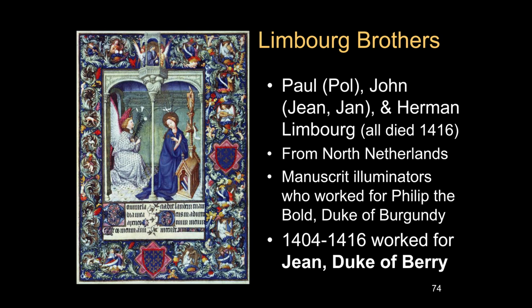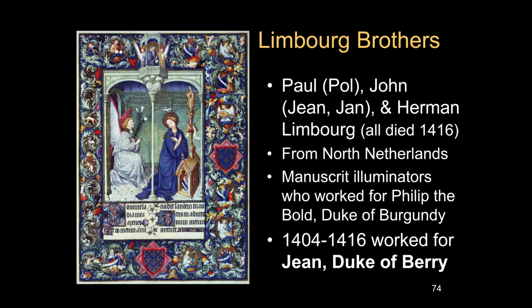Probably the most famous manuscript illuminators whose names we do know are the Limbourg brothers. They're three brothers who came from the North Netherlands, from the town of Limbourg. And you'll sometimes see their names in different languages. They may have been translated into English, and you have Paul, John, and Herman.